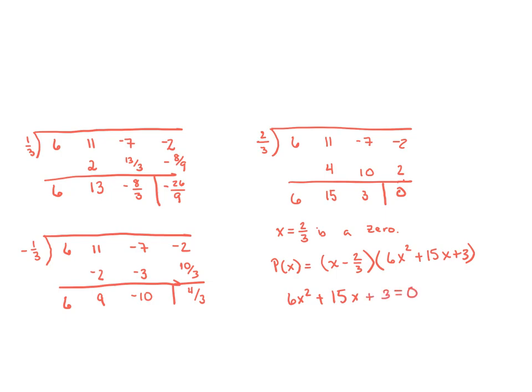This is quadratic, so we can go ahead and either factor this or use the quadratic formula. Well, it does not factor. I can divide everything by 3, and that'll at least make the numbers smaller. So we have 2x squared plus 5x plus 1 equals 0.